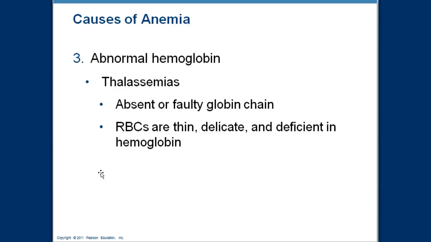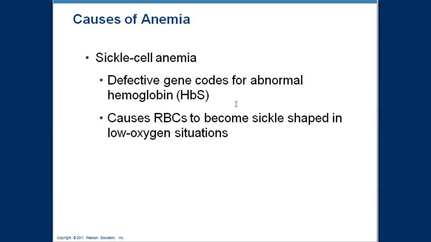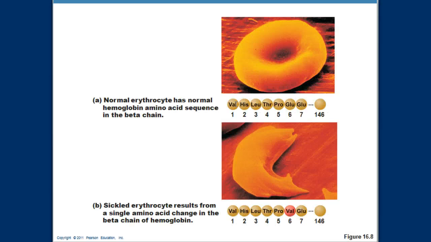These are called thalassemias, and they affect not only the shape of the protein chain or the globin itself, but also the shape of the red blood cell. And I don't really understand how that works, I just know that it does. So one of the more common types of thalassemia is sickle cell anemia, which we have a picture of here. So again, these are genetic problems.